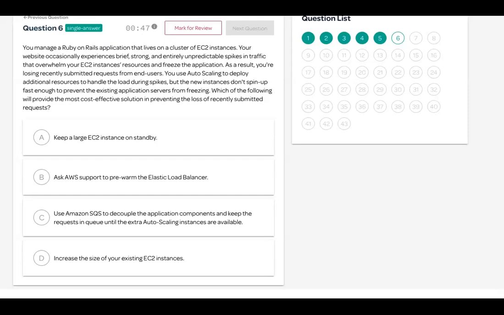Then when you spin up new instances, by the time the new instance is coming up, the existing node gets frozen, which means it becomes unresponsive. So you have to decouple the architecture by using SQS. That would be the best option. That way, whenever there is additional load, it would be stored in a queue, and as soon as new instances come up, they would start processing that load.